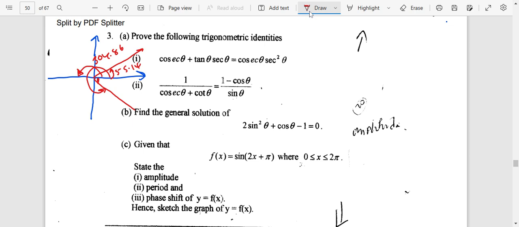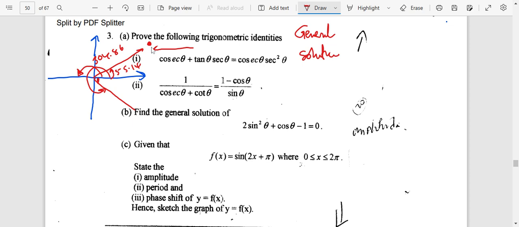Now to write the general solution, you look at each of these angles. For this line here, if you move around and make a turn, how many degrees should you move to come back to that same point again?